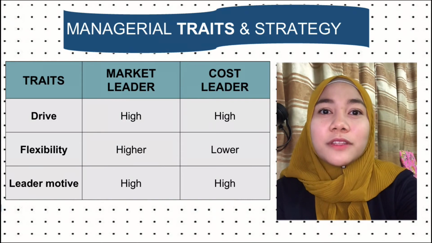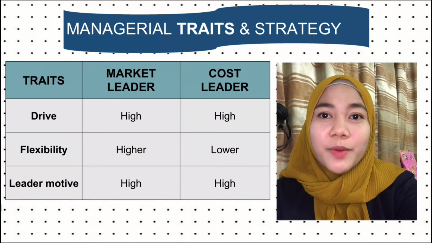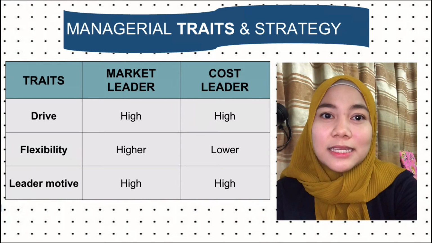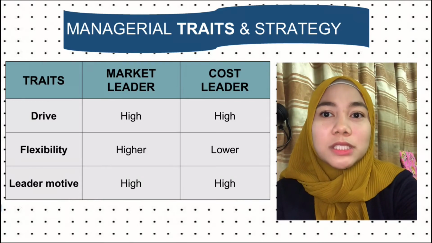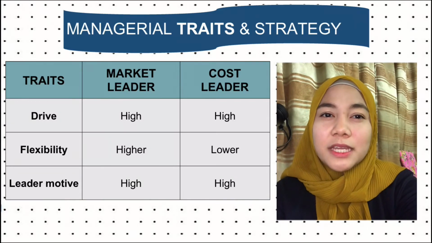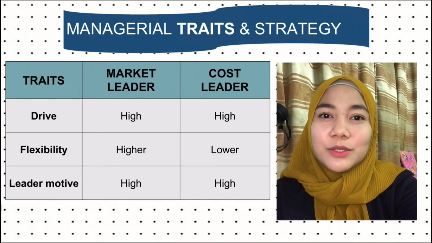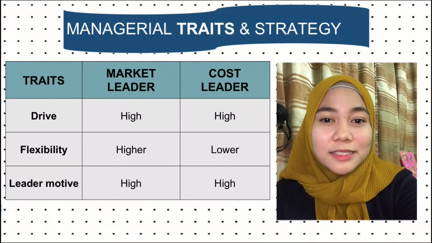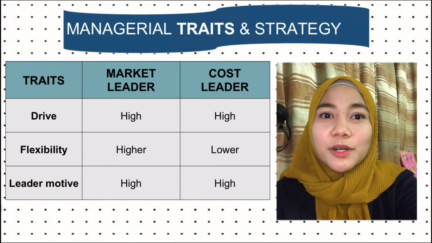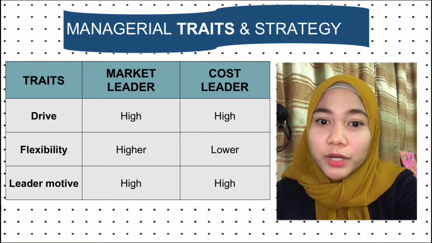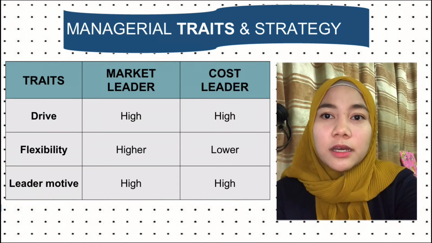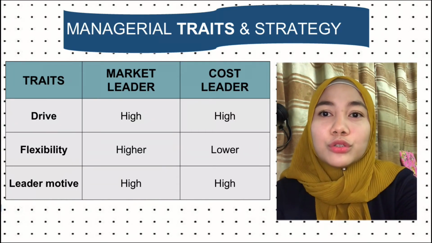For nearly all of the traits examined, no compelling evidence or logic suggests that managers high in this trait will be more or less effective in any particular organization context. The only trait likely to be more useful in one organization than the other is flexibility, because market leader organizations face more ambiguity and change than do cost leaders.